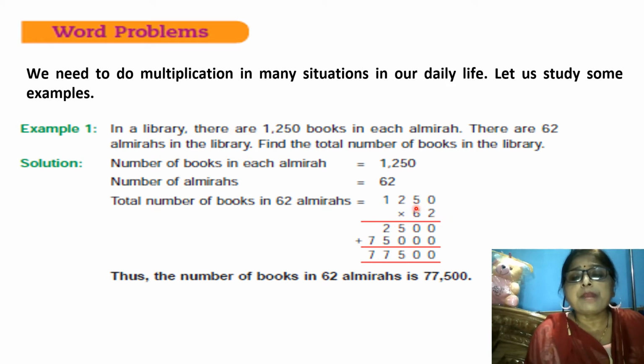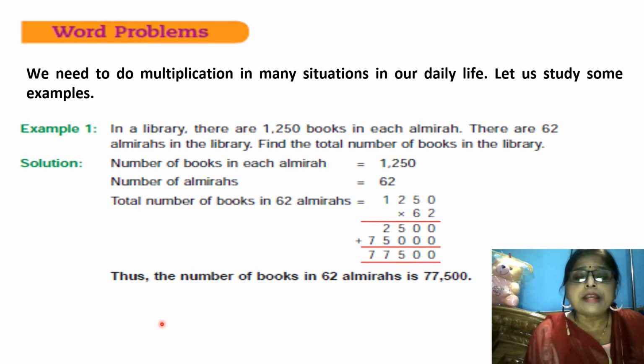Again, in the first step, 1250 will be multiplied by 2 and we get 2500. In the second step, 1250 will be multiplied by 6 and we get 75,000. Now you add step 1 and step 2, and after adding we get 77,500.